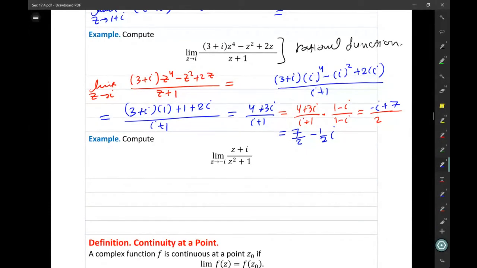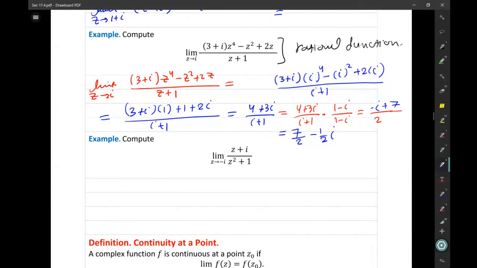It is a polynomial by polynomial. It is a rational function.